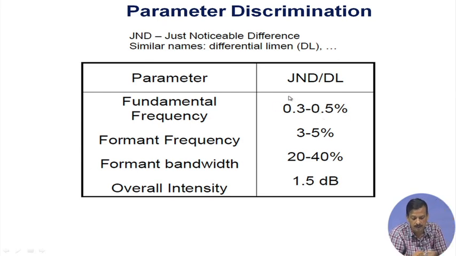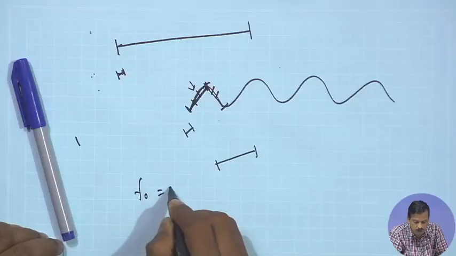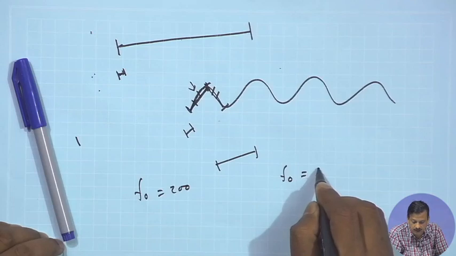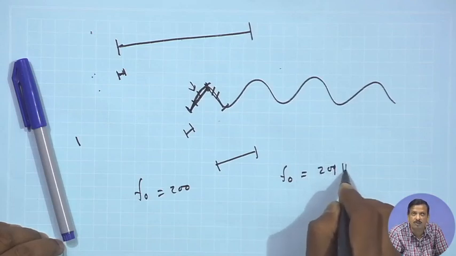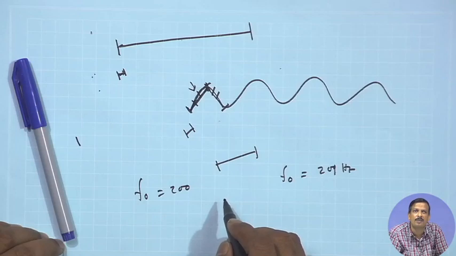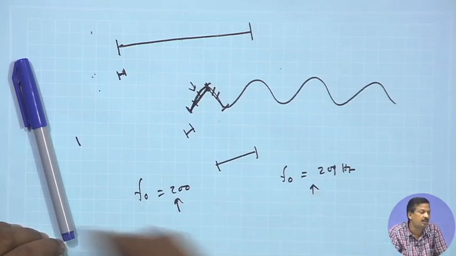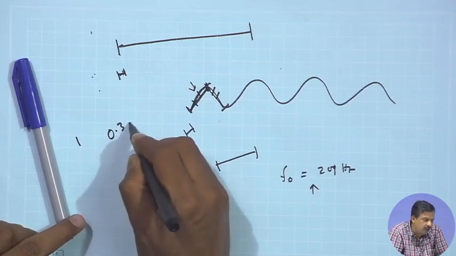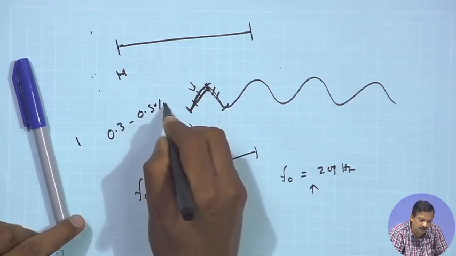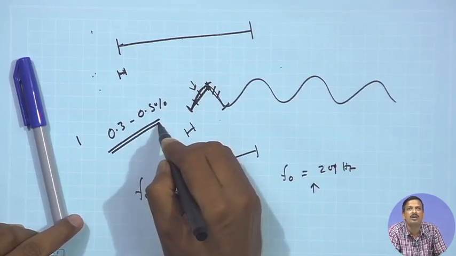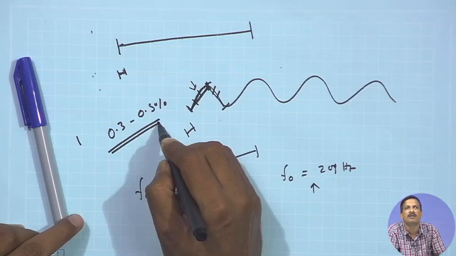So, if my F0 is 200 hertz and somebody's F0 is 201 hertz, am I able to differentiate between 200 hertz and 201 hertz? It is said to be 0.3 to 0.5%. That means if the difference lies within this range, we cannot differentiate the two frequencies. So, we cannot separate them.